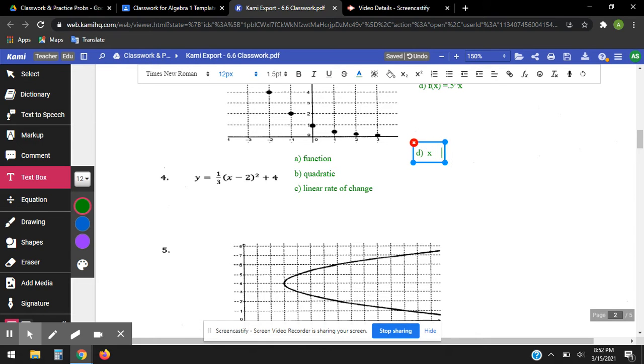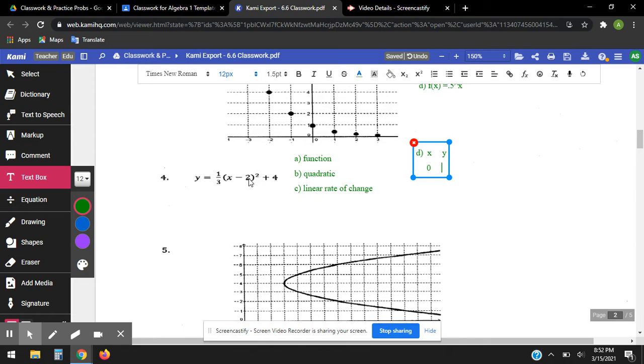We're going to do X and Y. So if X is, let's just do 0. So if X is 0, then 0 minus 2 is negative 2.